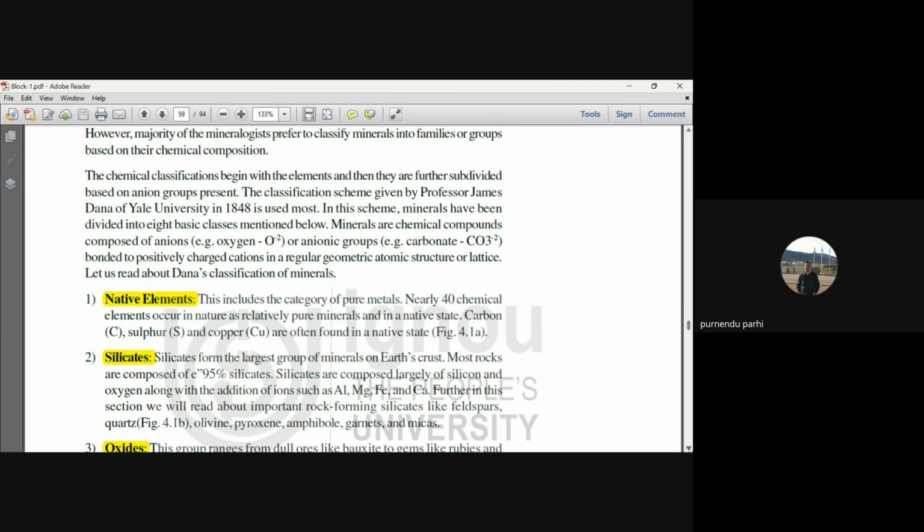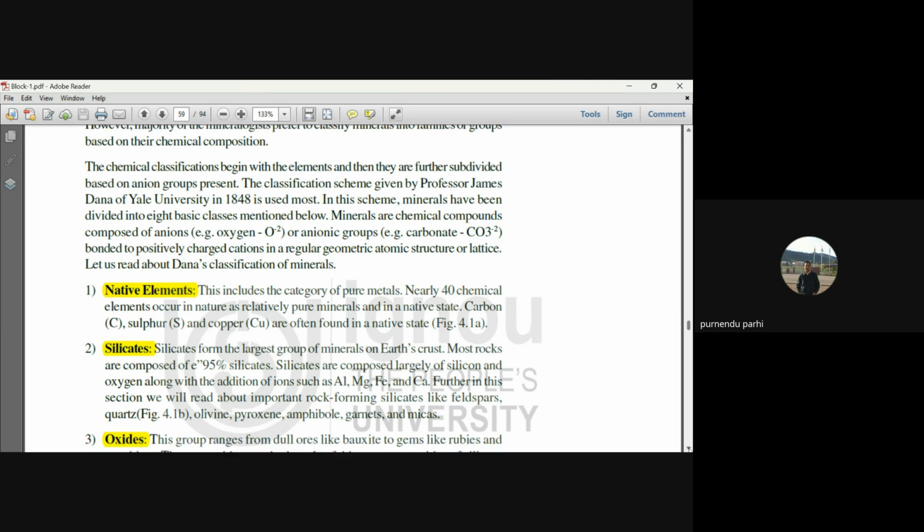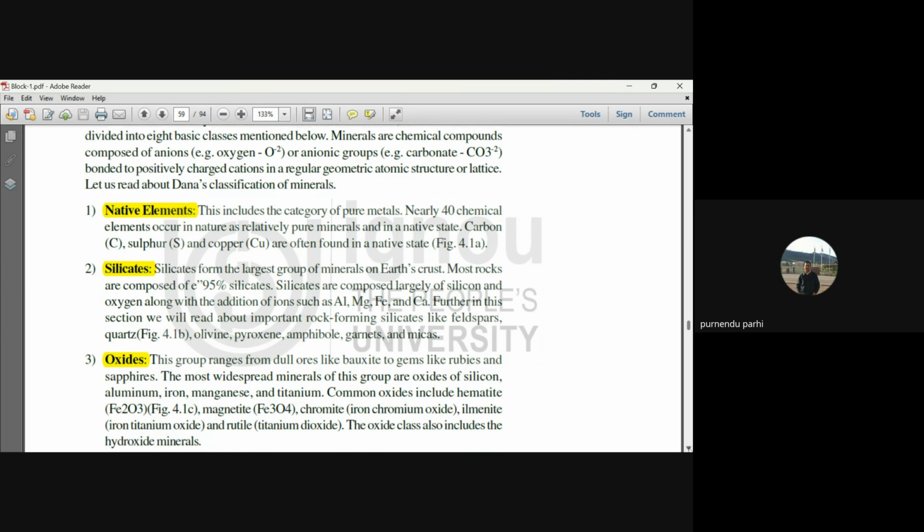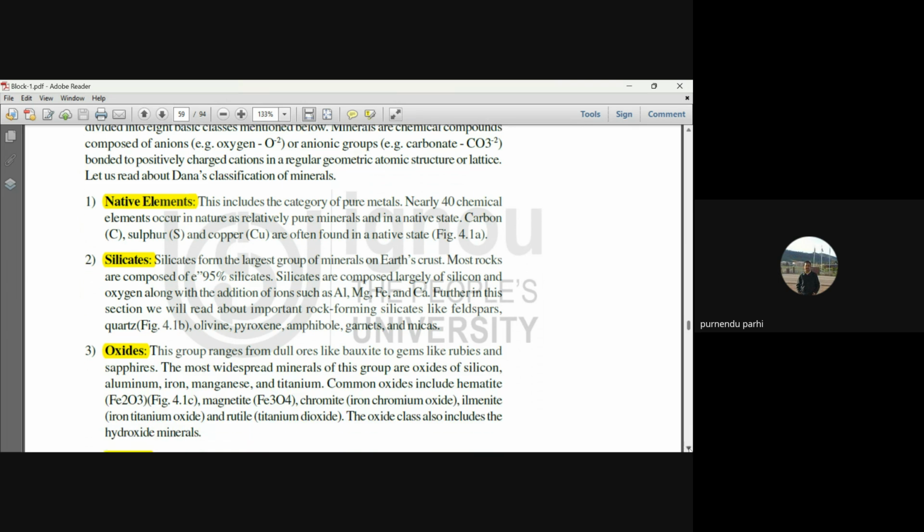Silicates. Silicates form the largest group of minerals in the Earth's crust. Most rocks are composed of 95% silicates. Silicates are composed largely of silicon and oxygen, along with the addition of ions such as aluminum, magnesium, iron and calcium.